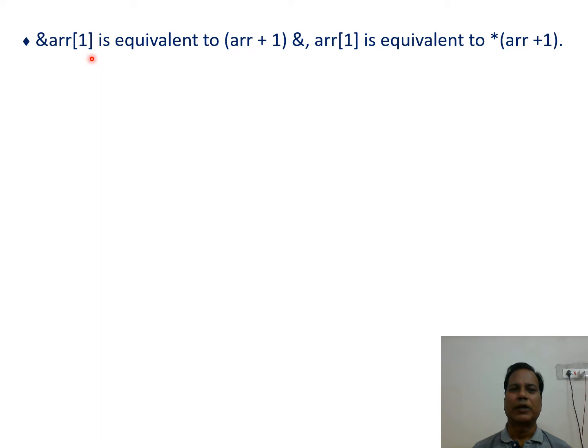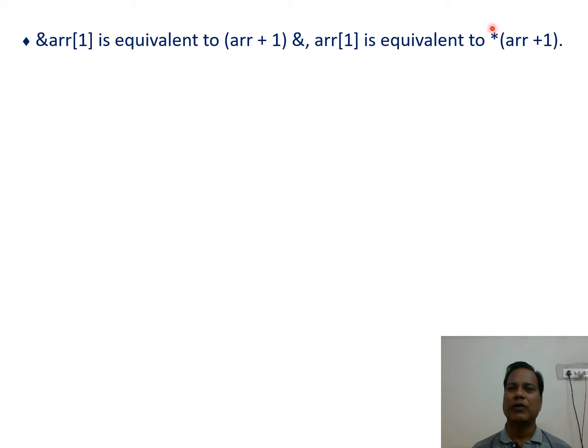&r[1] is equivalent to r plus 1. &r[1], that is the address of the second element, is equivalent to the address of the first element, indicated by the name of the array, plus 1, and r[1] is equivalent to *(r plus 1).